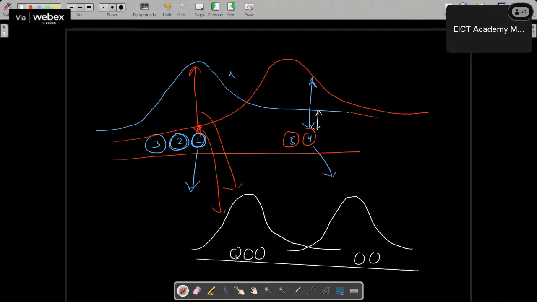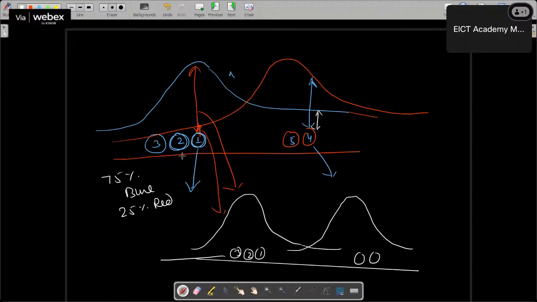Now these data points, 1, 2, 3, are perfectly 90% to be a blue Gaussian distribution. Earlier, let's say these three data points were 75% blue and 25% red.